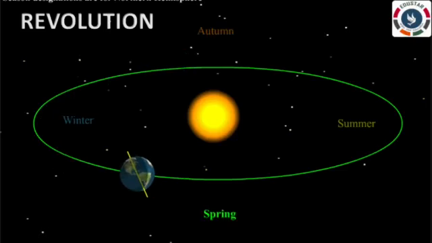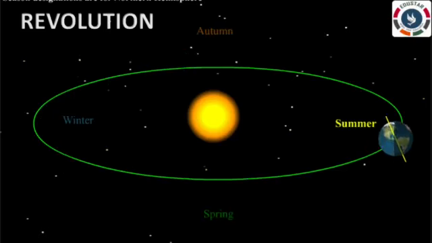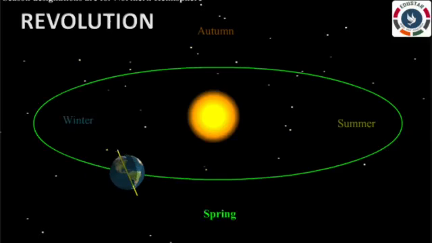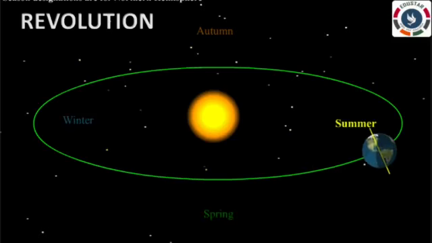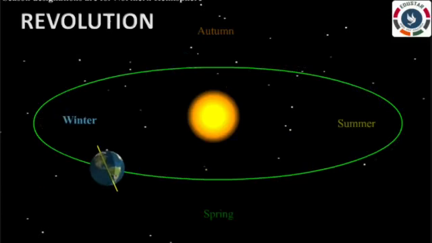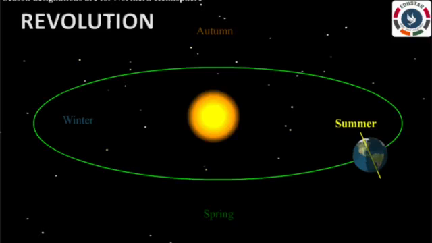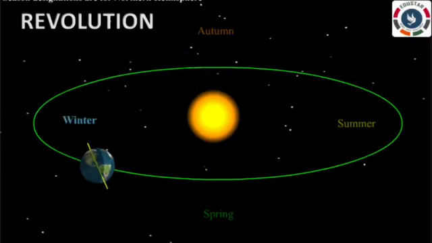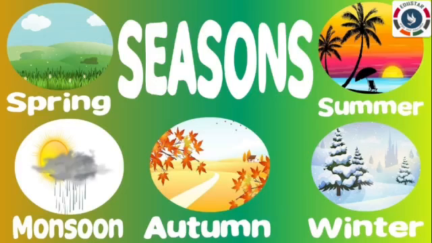As the earth is tilted on its axis, the portion of the earth facing the sun has longer and warmer days. So, this portion has summer season. The portion of the earth away from the sun has cooler and shorter days. This portion has winter season. Therefore, the revolution of the earth causes changes in season.